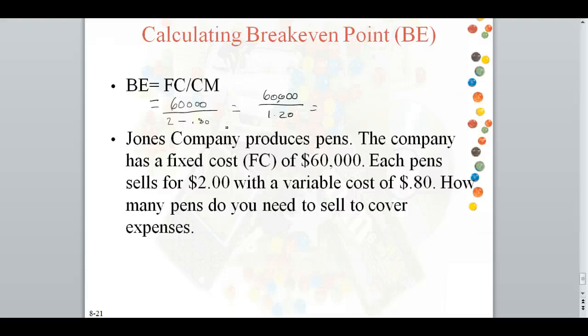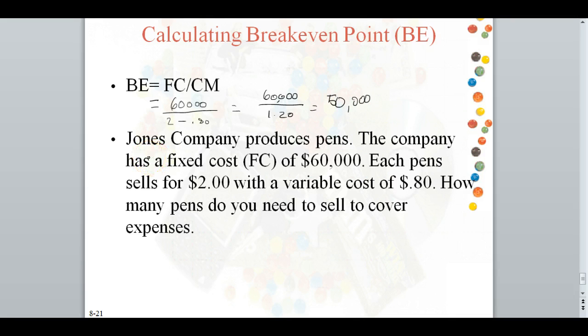Which equals, I had to turn to the right page there. So 60,000, how much it costs to run our operations, and $1.20 per pen we get. So that means we have to sell 50,000 pens just to cover our expenses.